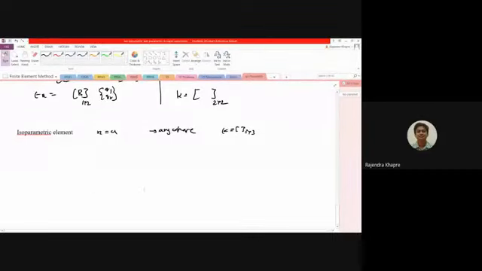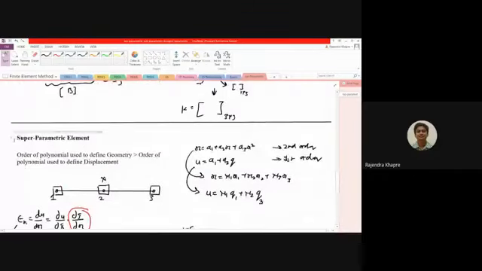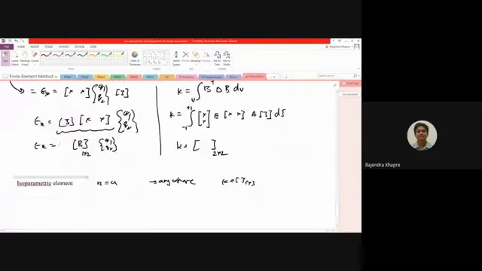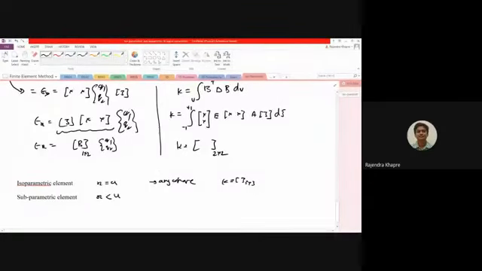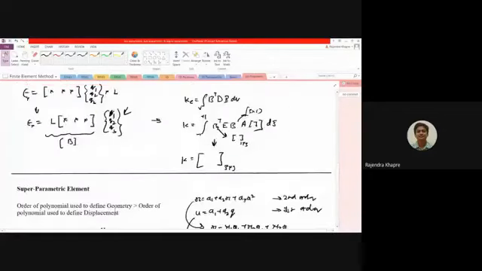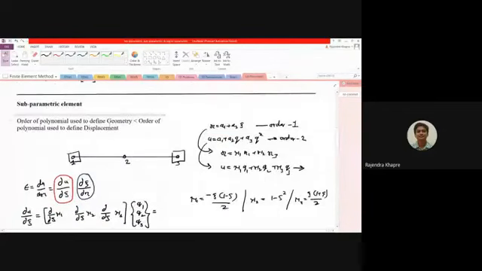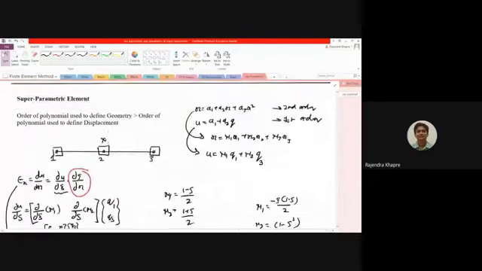Okay, so if you want to use, let us say, a subparametric element, let me write down. In the case of the subparametric element, the order of x is smaller than the order of u. So the order of geometry is smaller and the order of displacement is larger.